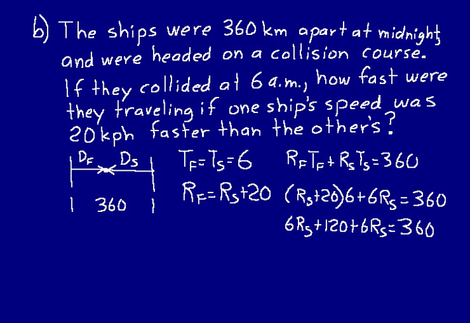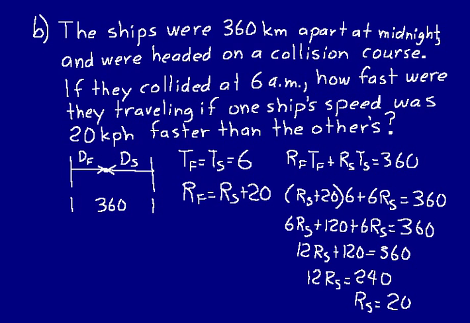Add like terms on the left, we get 12 RS plus 120 equals 360. Subtract 120 from both sides and we'd end up with 12 RS is equal to 240. Divide both sides by 12 and we'd see that RS is equal to 20.